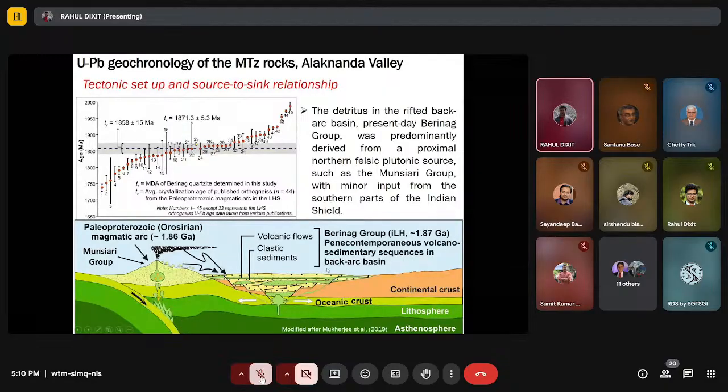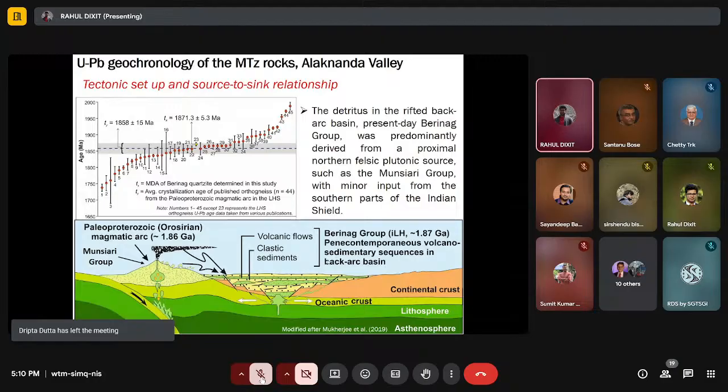Because of that extension, a rifted back arc basin was formed in the overriding plate. Within that region there were volcanic flows, and the clastic sediments being deposited were immediately transported from the nearby Munsiari group rocks. All these volcanic flows, clastic sediments, as well as the Munsiari group rocks show a similar kind of age distribution.